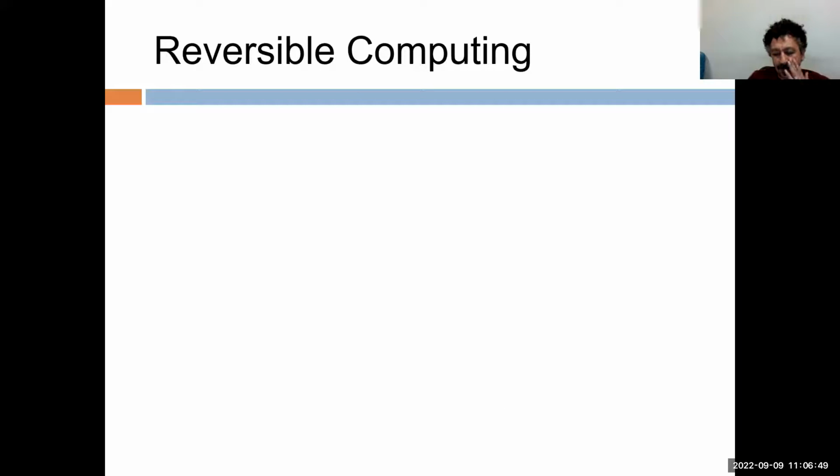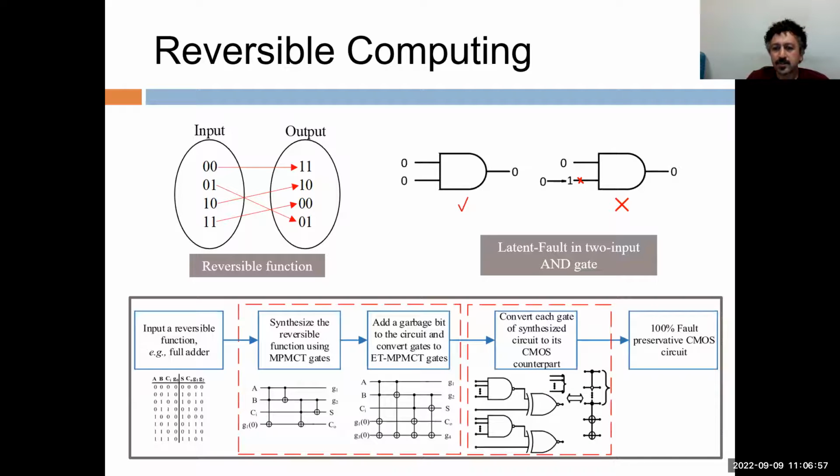So let's, for example, talk about emerging computing. Briefly, I will discuss these computing paradigms. As you know, in reversible computing, there is one-to-one matching between input and output, meaning that whenever you see the output, you can predict the input. This is two-way computing. Normal, conventional computing is not like this, right?